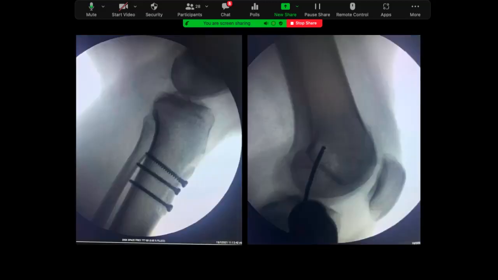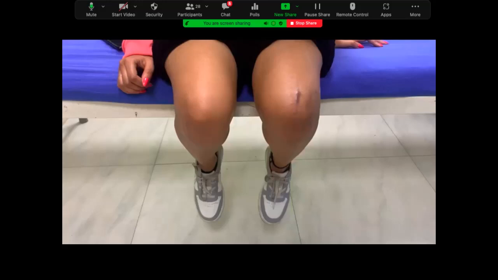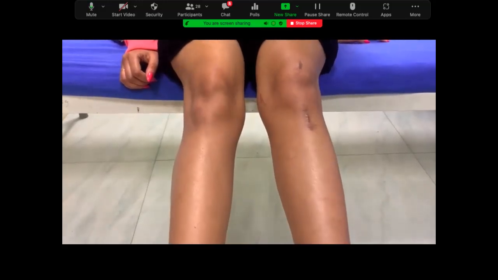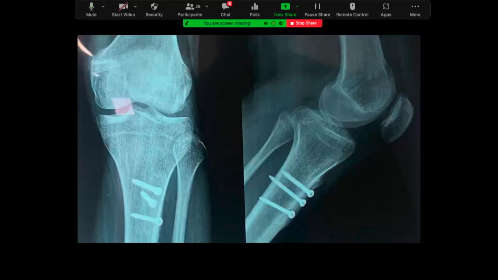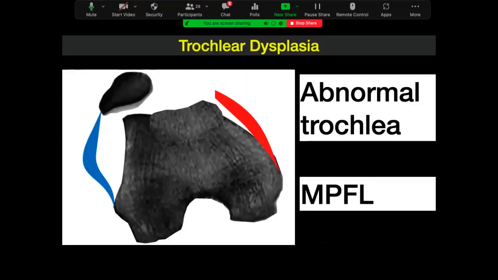Our MRI was also normal. So we did tibial tuberosity osteotomy along with the MPFL reconstruction in this patient. And you can see after 1 year follow-up, the patient is happy. There is no redislocation of our patella. This is clearly united distalization of the tibial tuberosity, and the patient is doing well.